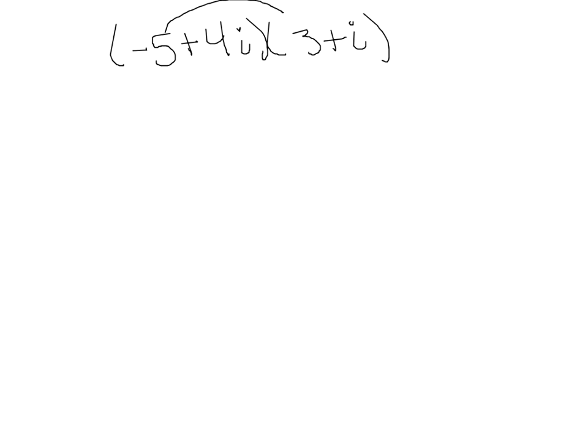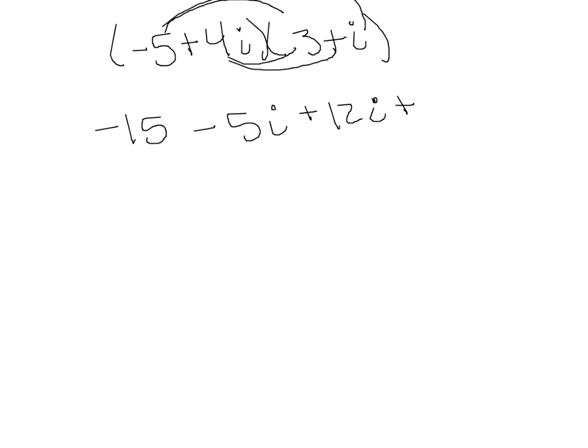Okay, let's look at another one. -5 plus 4i times 3 plus i, and we distribute. So -5 times 3 is -15, minus 5i plus 12i plus 4i squared.